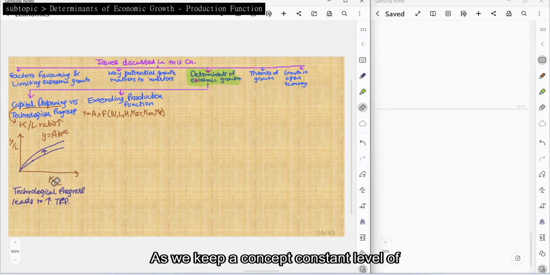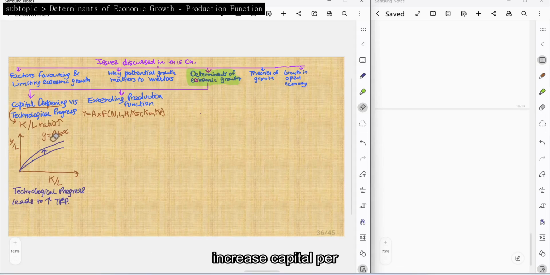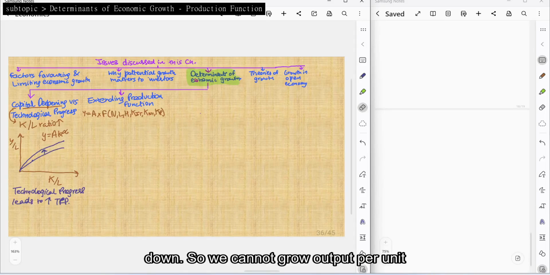As we keep a constant level of technology in the economy and increase capital per labor, initially we get increasing returns, then those returns increase by smaller amounts, and then there comes a point where, on adding additional capital per unit of labor, output per unit of labor goes down.